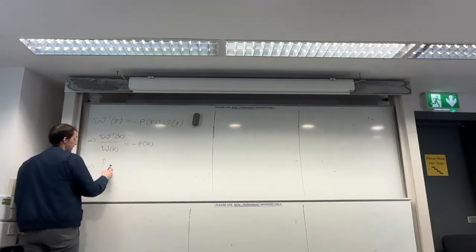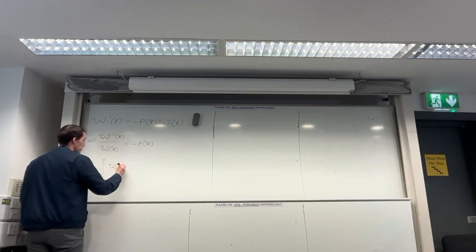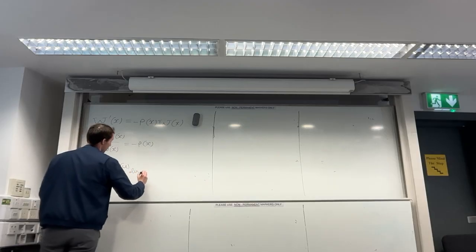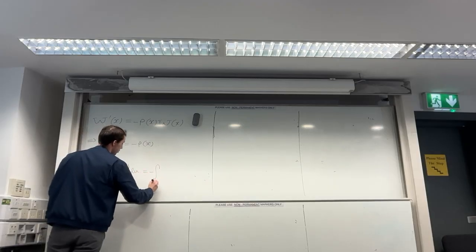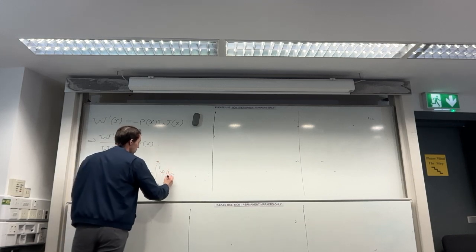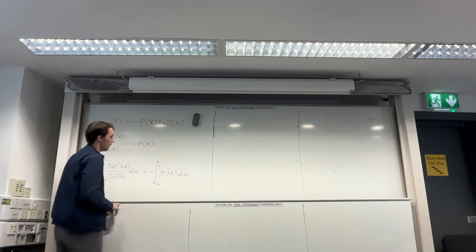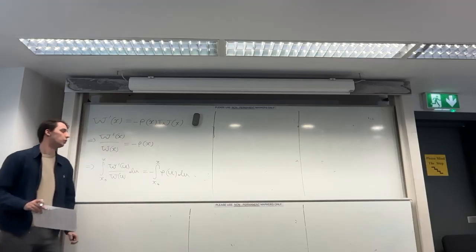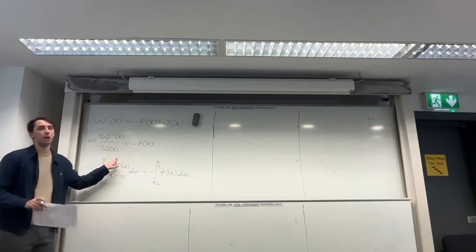The left integrand becomes W prime of u divided by W of u du, and the right-hand side is again the integral from x0 to x of P of u du. All I've done is replace the x's in the integrand with u to avoid confusion with the upper limit.